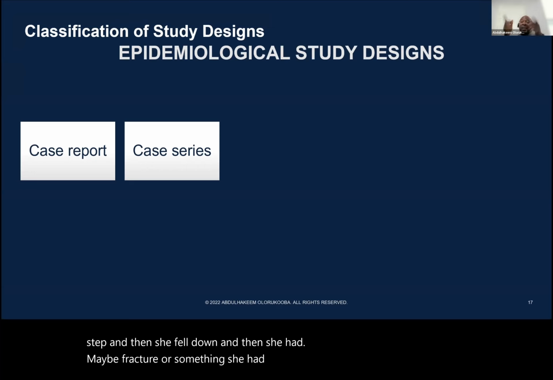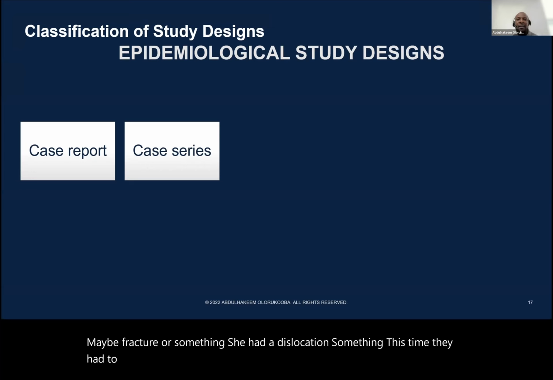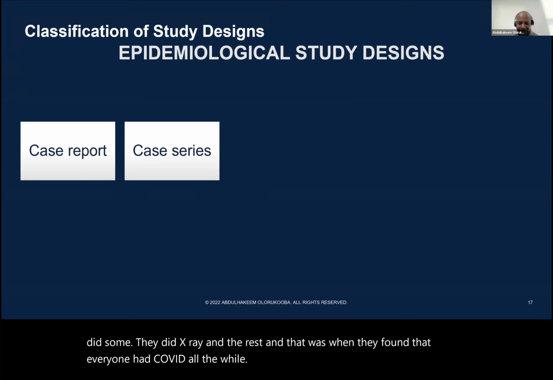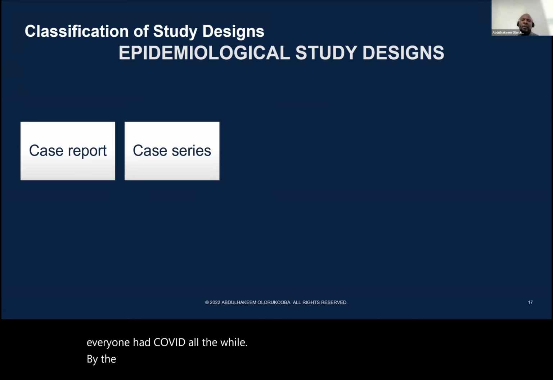This time the doctor said she had to come in. So she came in and they did an X-ray and the rest. That was when they found out she had COVID all the while, by the features on the X-ray. Everything was atypical of what people naturally knew about COVID.